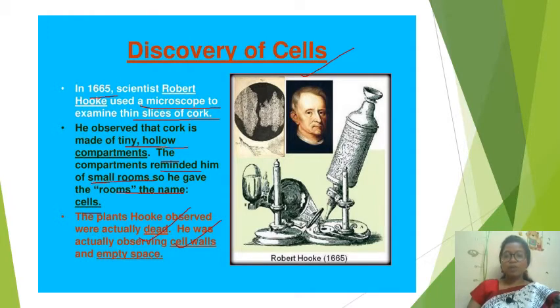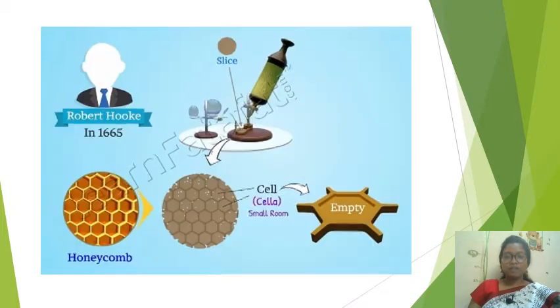So he is Robert Hooke and he is observing with this complex microscope. Nowadays we have very simplified microscopes in today's world. So Robert Hooke took certain cork slices and he observed under microscope, and they looked like a honeycomb.